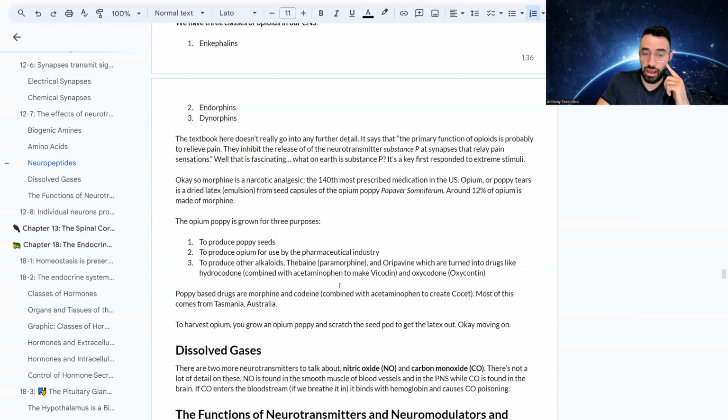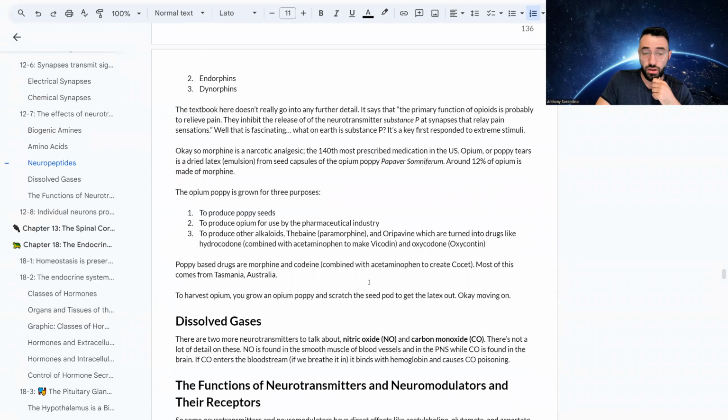Or to produce other alkaloids like thebaine, which is paramorphine, and oripavine, which are turned into drugs like hydrocodone, which combined with acetaminophen gives you Vicodin, and oxycodone, which is OxyContin. Poppy-based drugs are morphine and codeine, which you can combine with acetaminophen to create Tylenol with codeine. Most of this comes from Tasmania, Australia. Who would know?